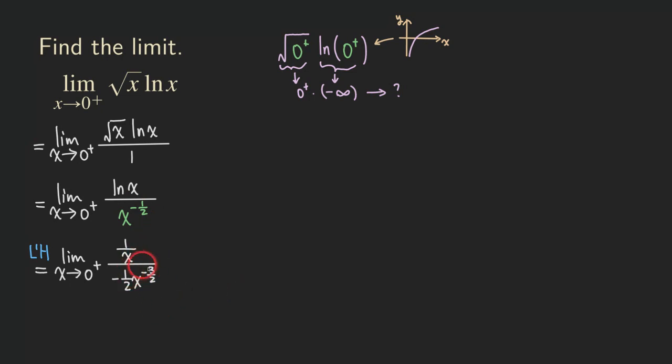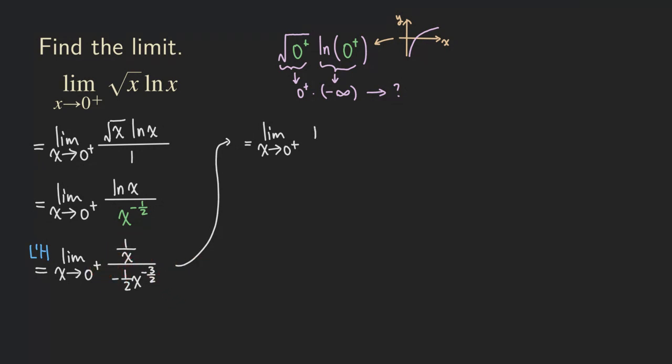Okay, now when you see this, don't just try to apply L'Hopital's rule over and over. We actually should simplify this and see what the function looks like. So in this next step, we are going to be simplifying the function. And so first, how do we do it? We can put the 1 over x on the side.